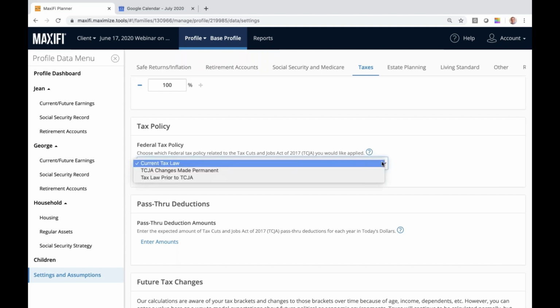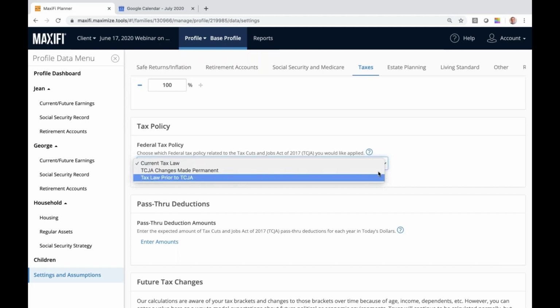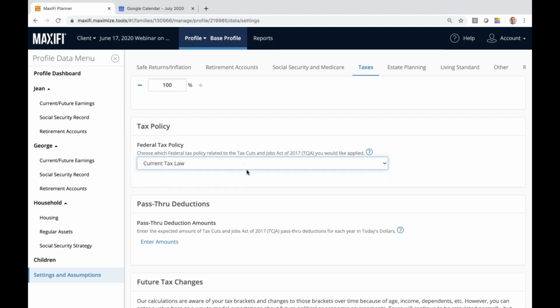Or you can say that the TCJA, the Tax Cuts and Jobs Act, the current tax law that we're living under, will be made permanent, will stay permanent after 2028, if that's the right year. So you have 3 ways to run this program just by choosing one of these options under settings and assumptions.